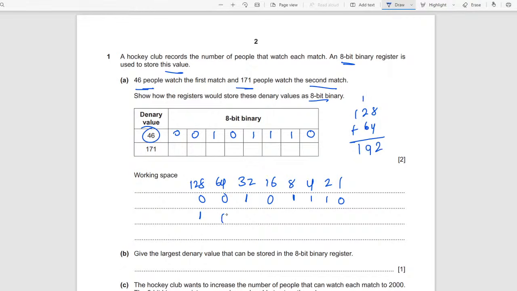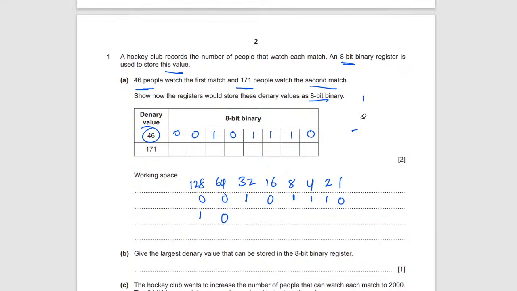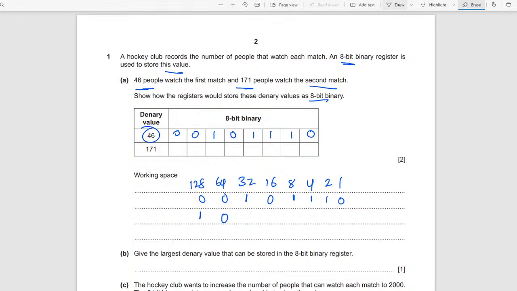We can't use 64 because it is more than 171. So let's use 32. So 128 plus 32 will be 160. So we'll use it.